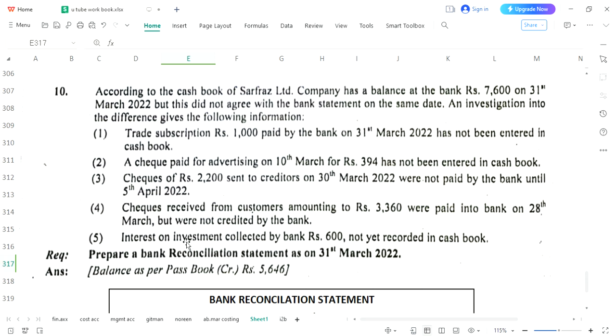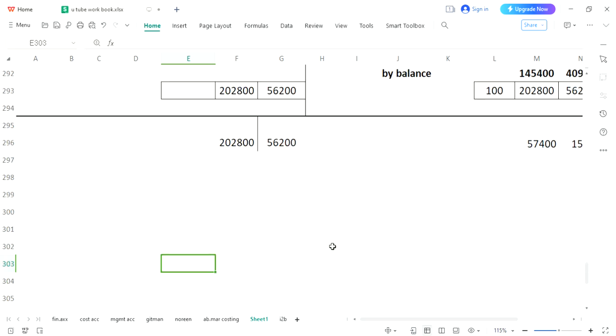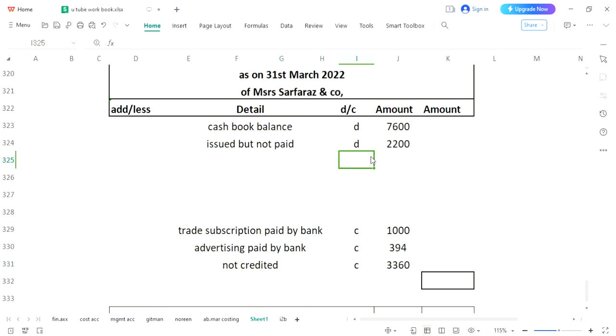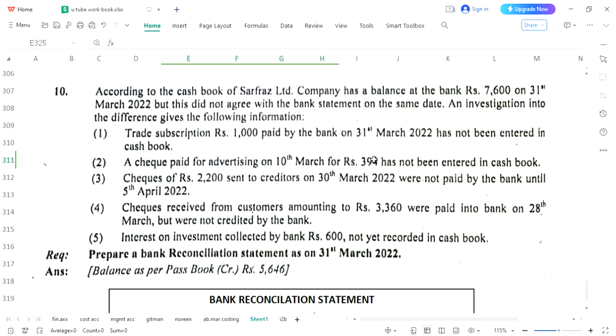Now next is interest on investment collected by bank. Collections collected by bank mean the amount present in our bank account has been increased. It means bank should be debited, so we choose the debit side for 600. Just write down the amount 600. What was that?